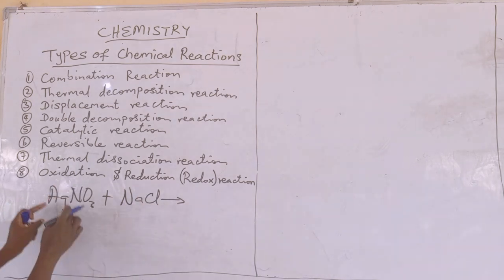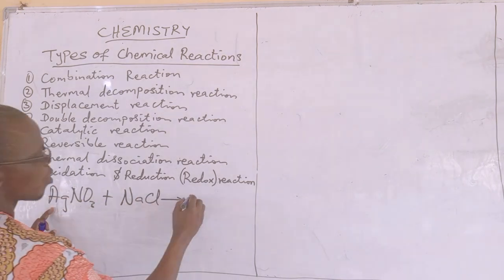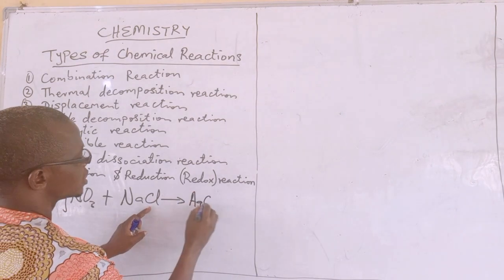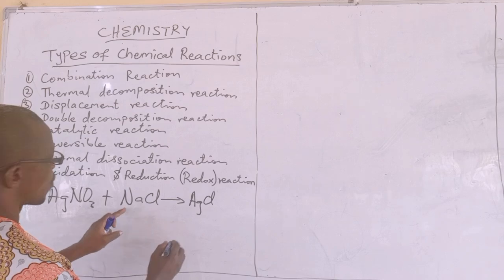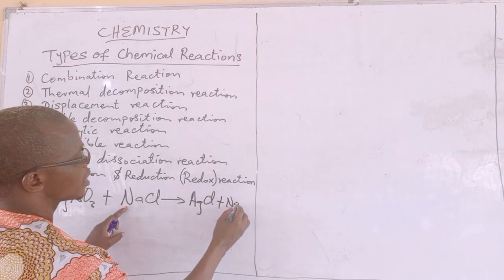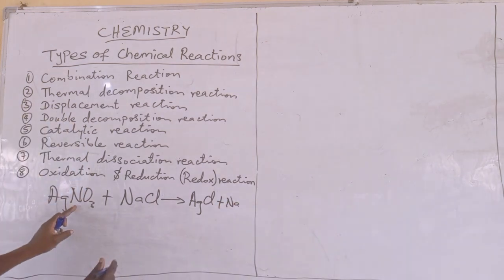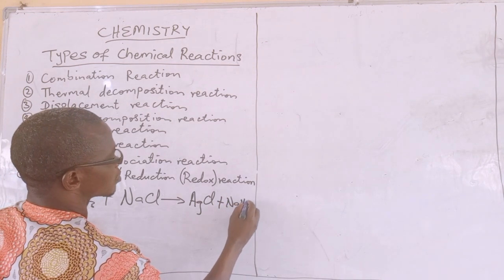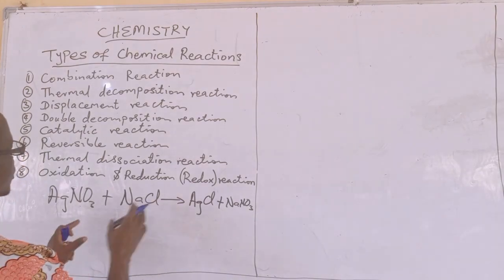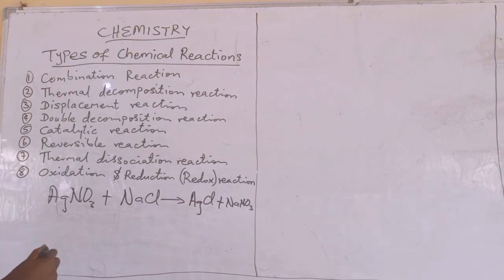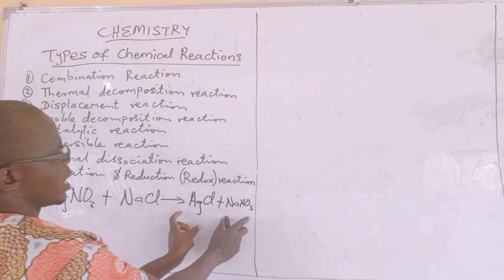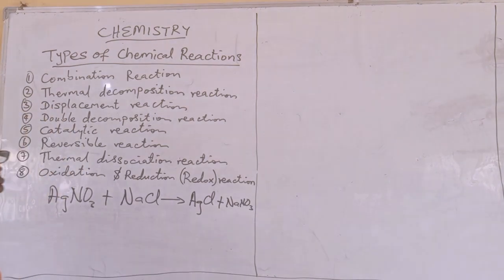So Ag, which is silver, which is positive, will take Cl, which is negative, from this one to form a compound, while Na will take NO3 to form another compound. This is a double decomposition reaction. You started with two reactants, you are ending with two products.